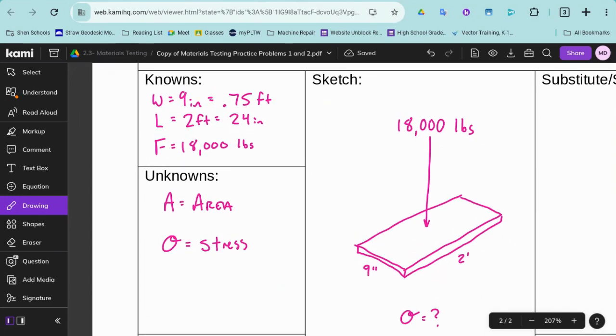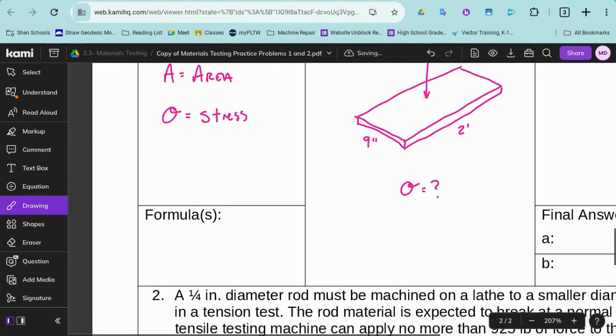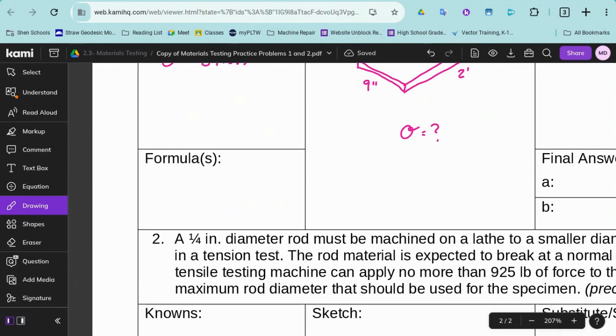This is what complete work would look like for these sections. We're going to identify what the piece of information is by its abbreviation in a formula. We're going to list any values that are known that we can attach to that with their units, and just try and be really clear and really thorough about what we know and what we don't know.